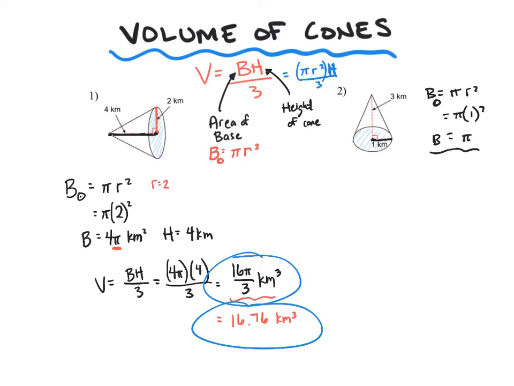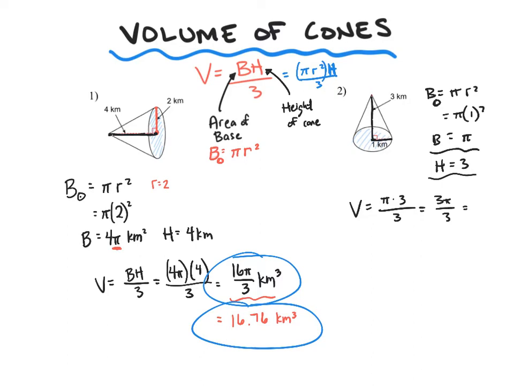If I just put pi, you know it's 1 pi. So big B is pi. Big H, the height, is 3. So I've got all the pieces to my puzzle. The volume equals big B times big H divided by 3. So that's 3 pi over 3.